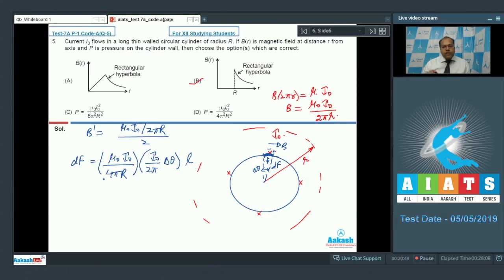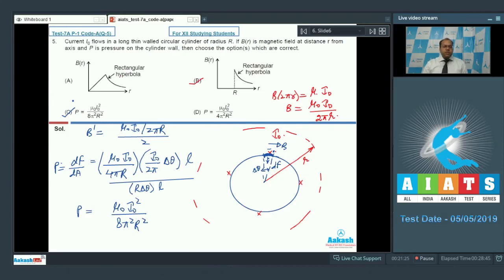Now in order to calculate the pressure, I have to divide by the area, dA, which is r d theta into the inside length L. That is the pressure on the cylindrical wall. If I calculate this pressure, it comes out to be mu naught I naught square divided by 8 pi square r square. So option C is also correct. So the correct answers for question number 5 are options B and C.